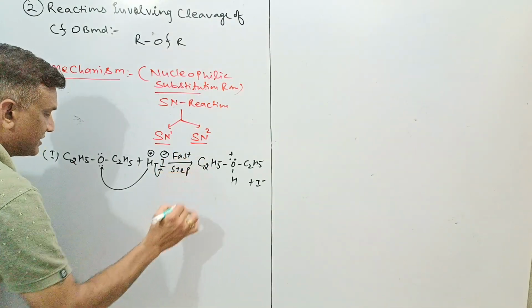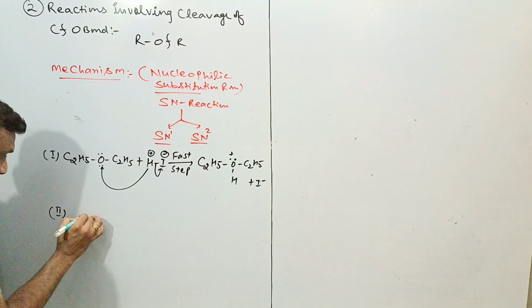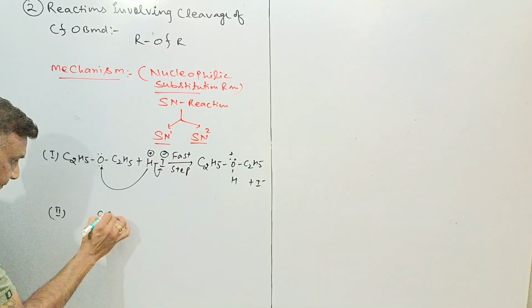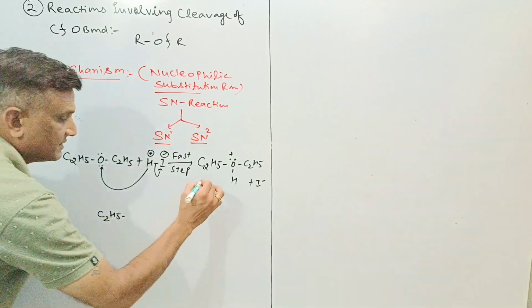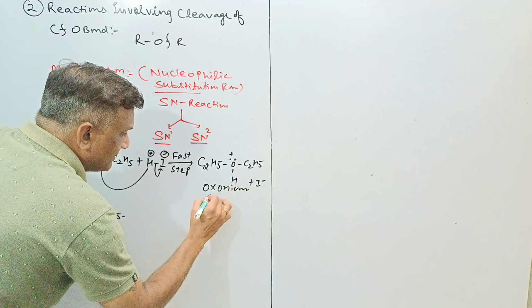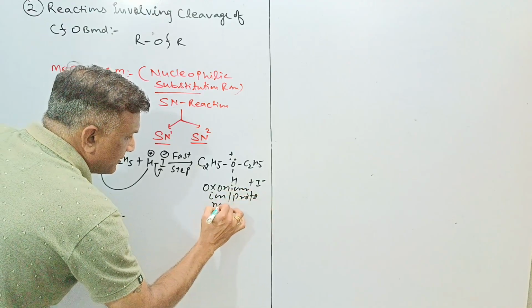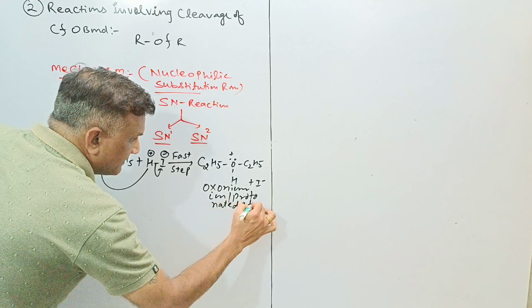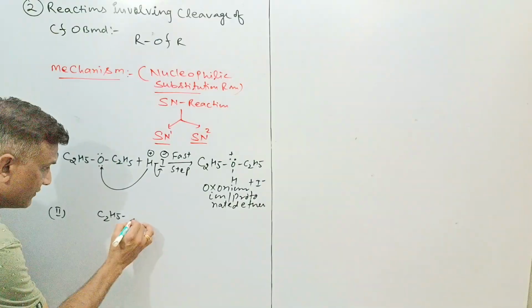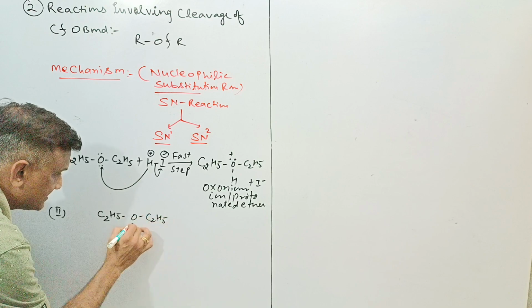If we go with the second step, then this is C2H5. This is called the oxonium ion, or you can say protonated ether. Further, this oxonium ion behaves like this.